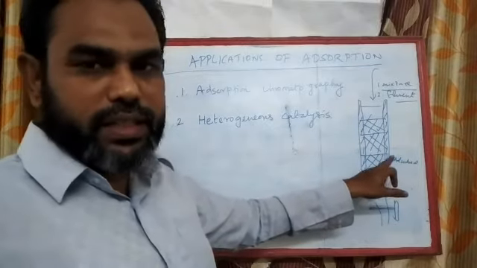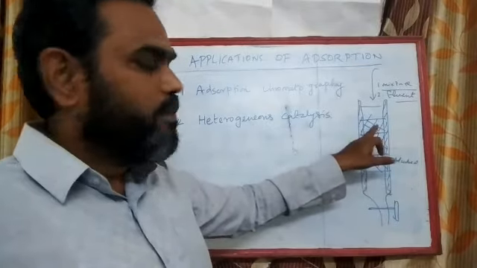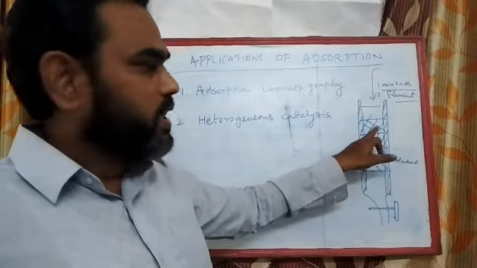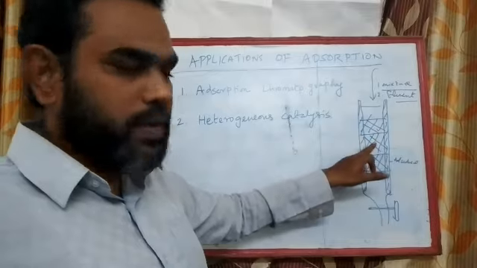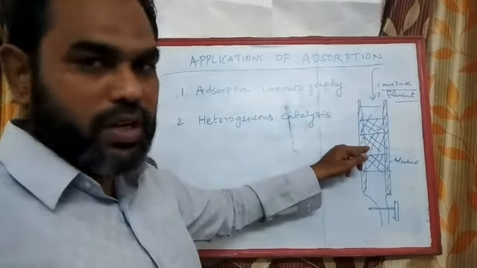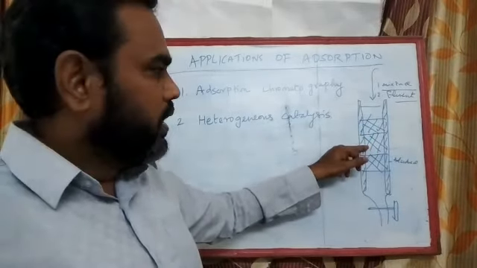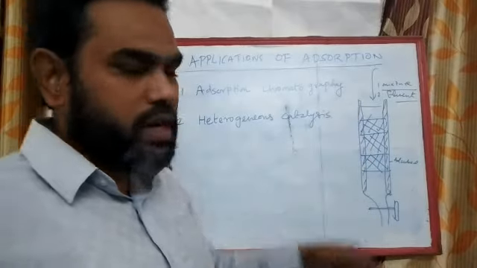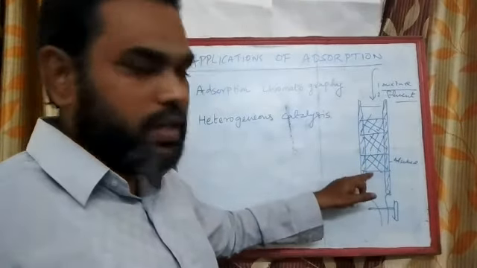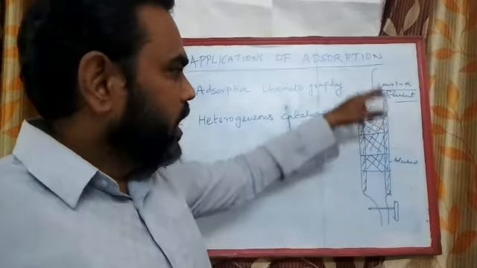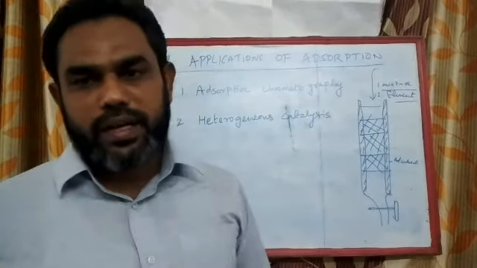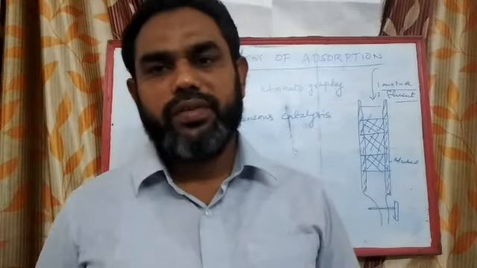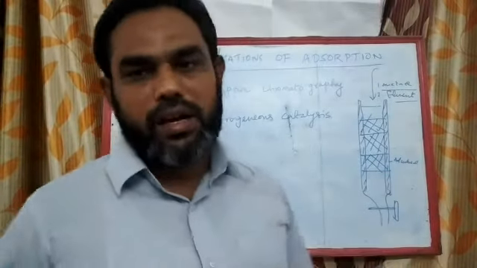The one which is adsorbed fast gets adsorbed in the topmost layer. The one that gets adsorbed slowly passes to the next layer, and the one that gets adsorbed the least goes to the bottom. So likewise, by continuing to elute the column, you can separate the mixture of organic compounds, where the principle used is mainly adsorption.